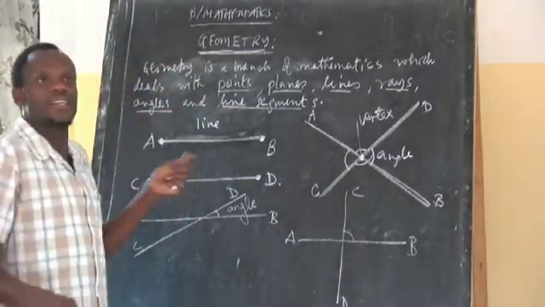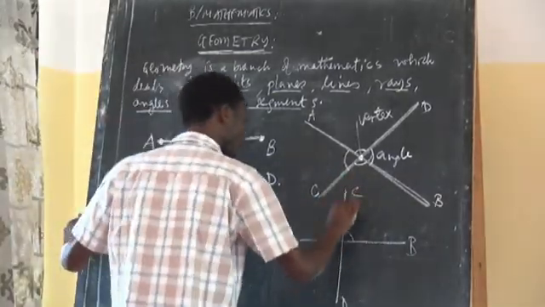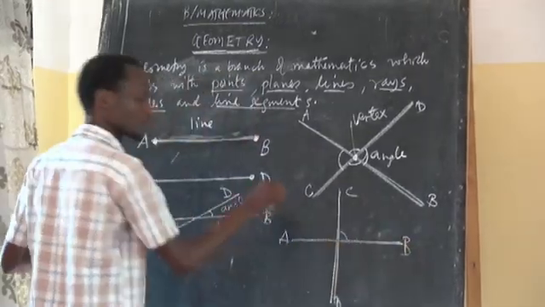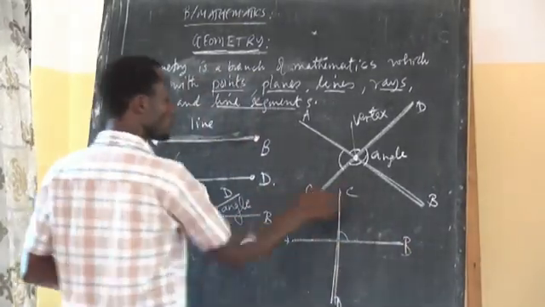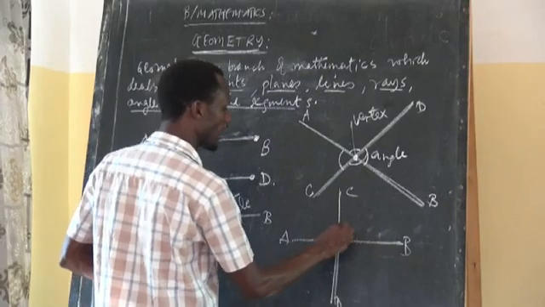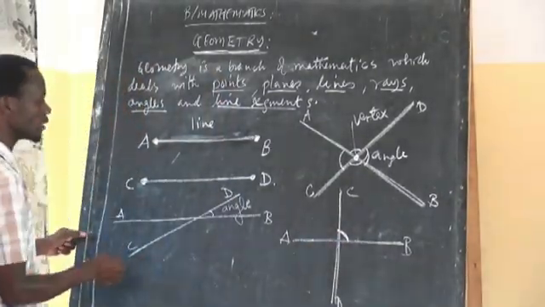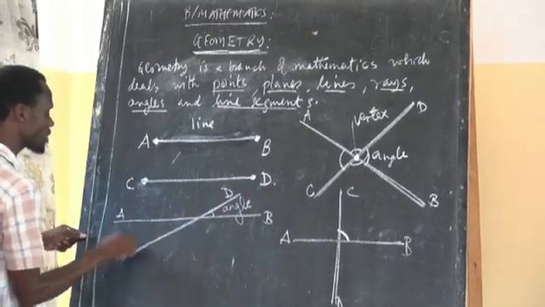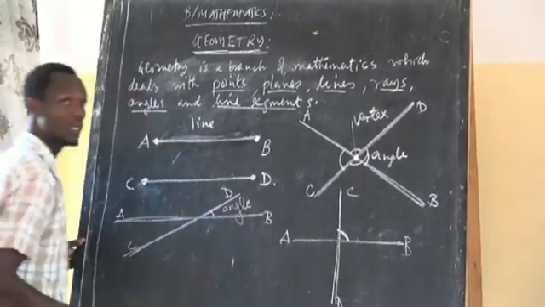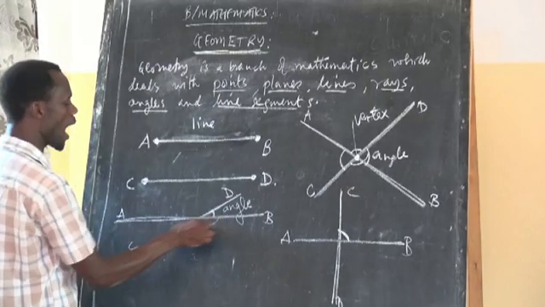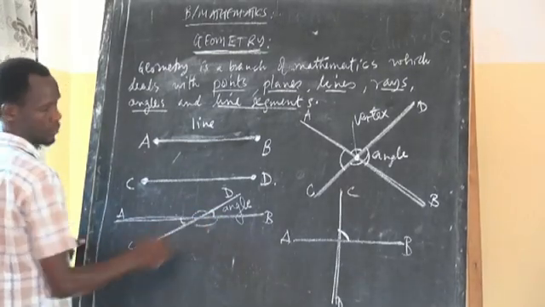No matter how they intersect, even here, 2 lines have intersected and they have formed this angle. Here too there is a point of intersection, and we have this angle, this angle, this angle, and this angle.